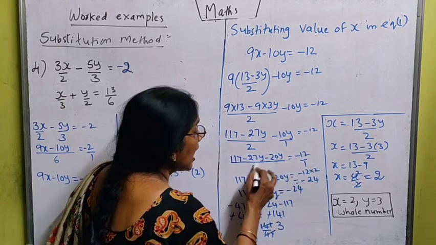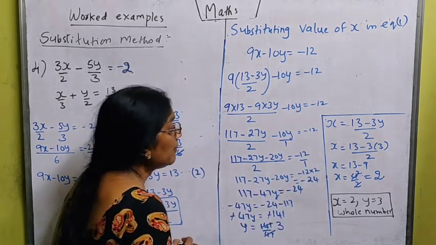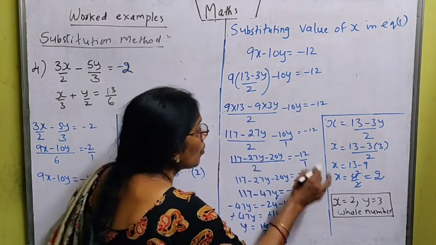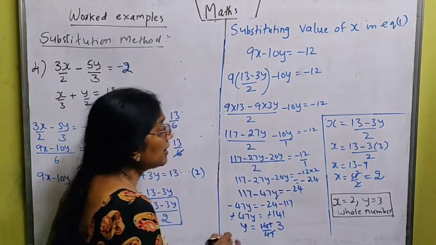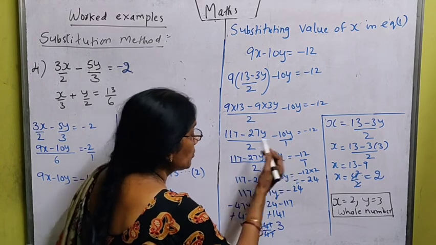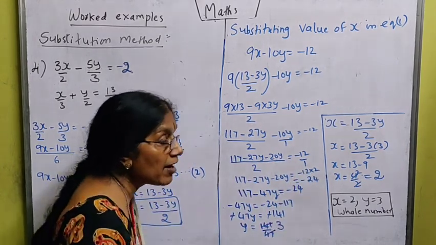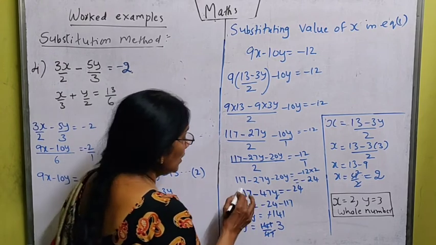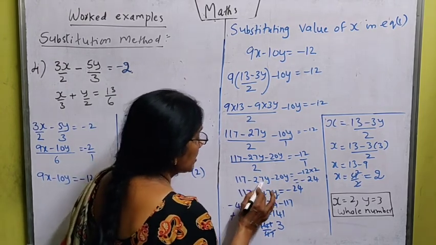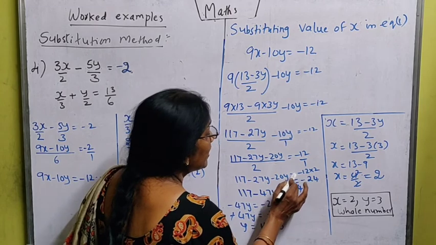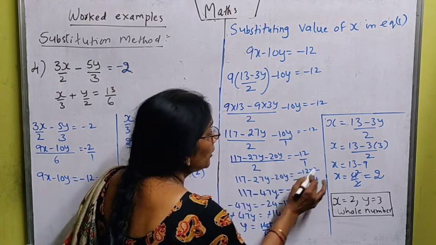Nothing is there means 1. Again we have to take the LCM and do the cross multiplication. What I told, first the variable should come on the left hand side. Multiply by 1, anything multiplied by 1 is the same number only. So 117 minus 27y minus 20y is equal to minus 12 into 2.